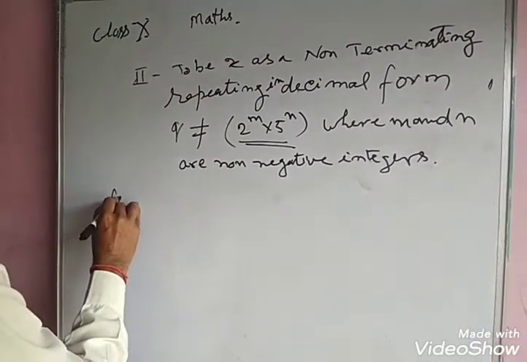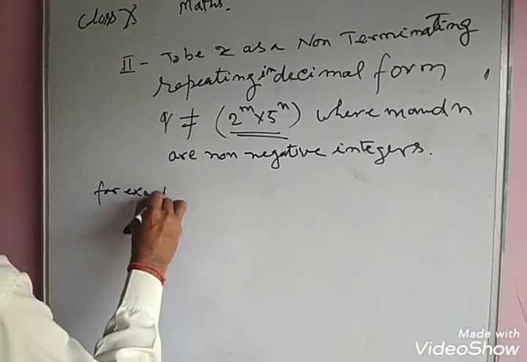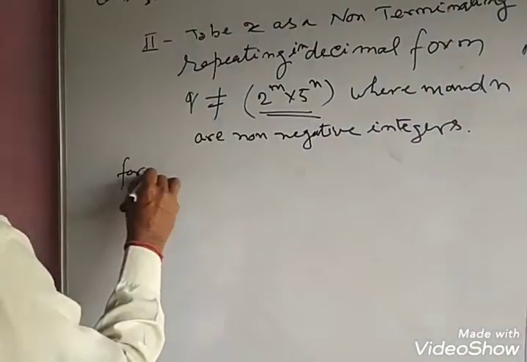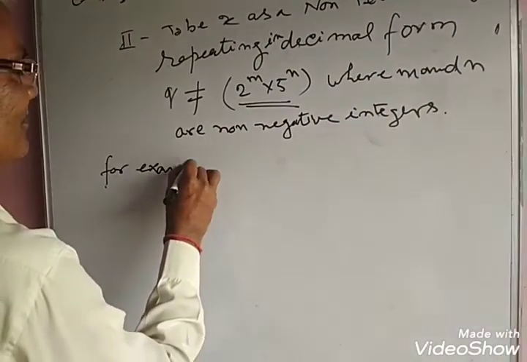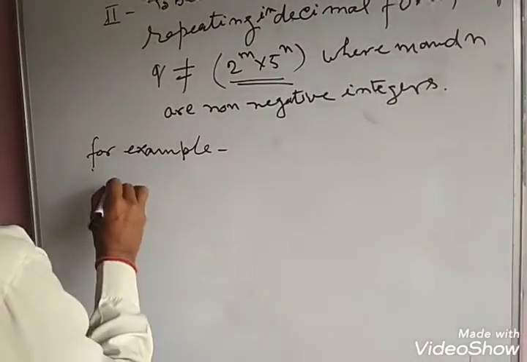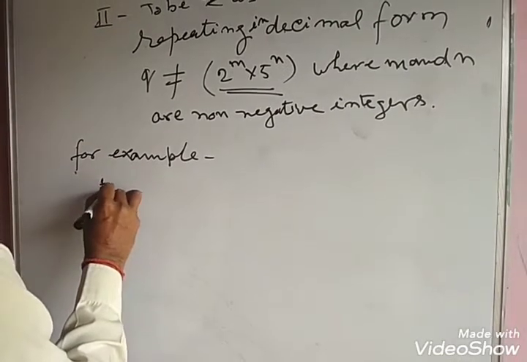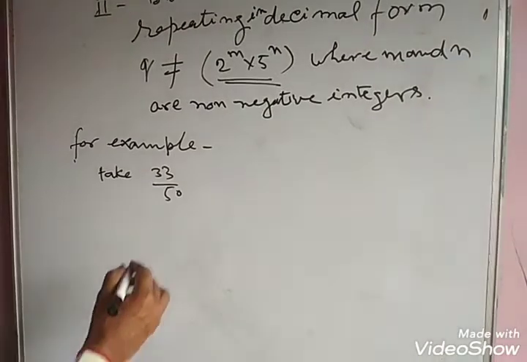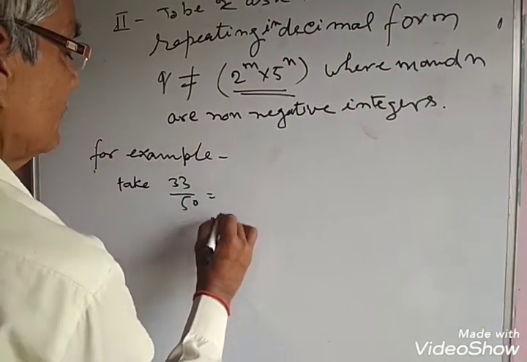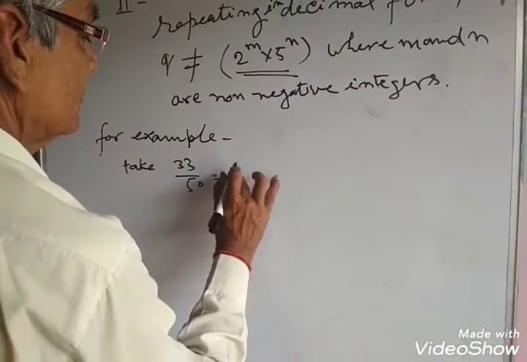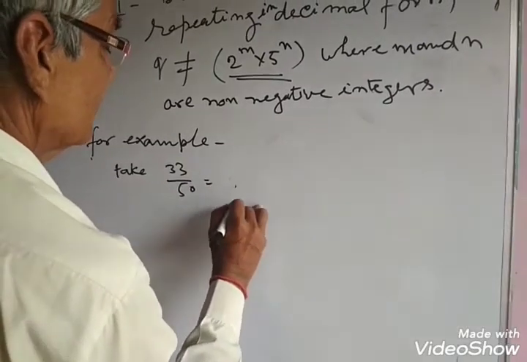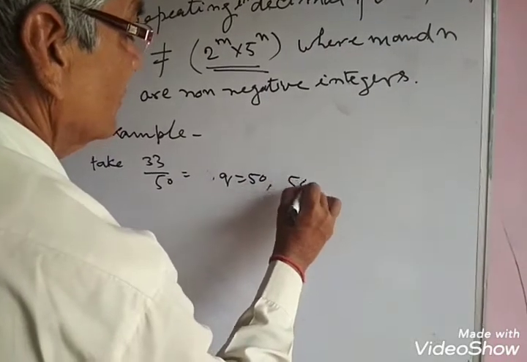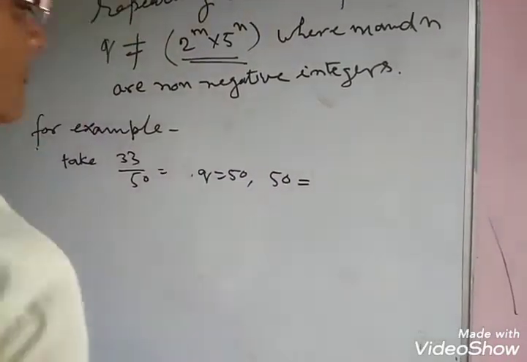For example, let's take 33 by 50. Here q is equal to 50.